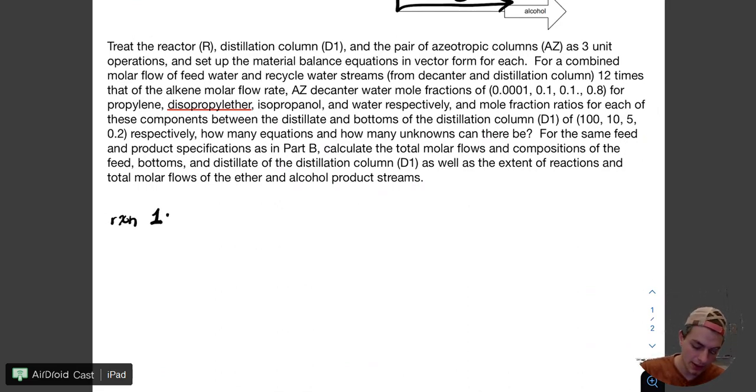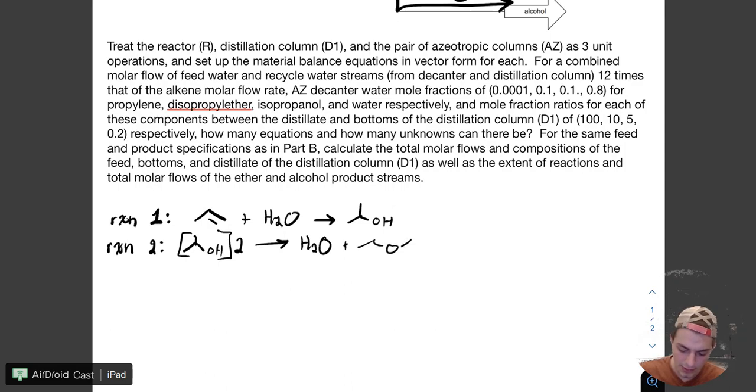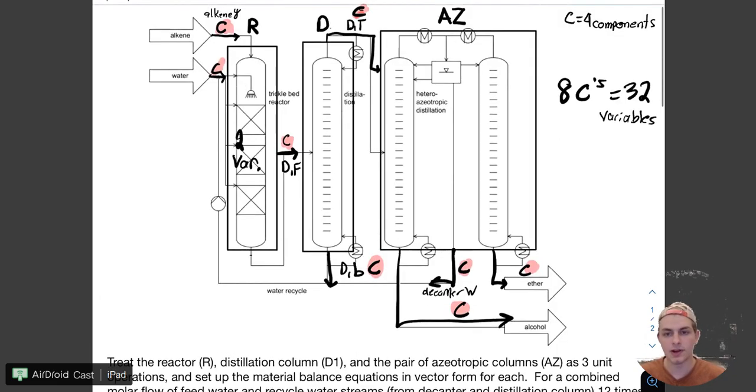Reaction 1 was this alkene with water becoming isopropanol, and reaction 2 was 2 isopropanol reacting to form water and a diethyl ether. There we are. So those are the two variables associated with that reaction.